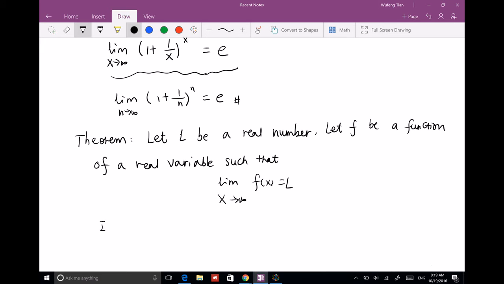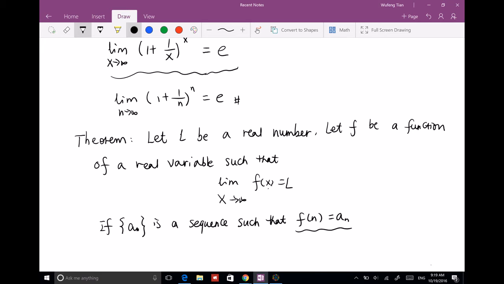Now, if an is a sequence such that f(n) equals an for every positive integer n, then the limit as n goes to infinity of an also equals L. So for this function here, f(n) equals an, the n is just the integers.